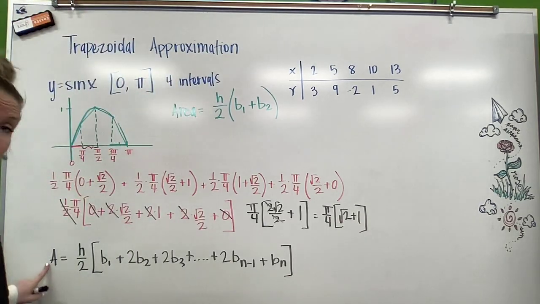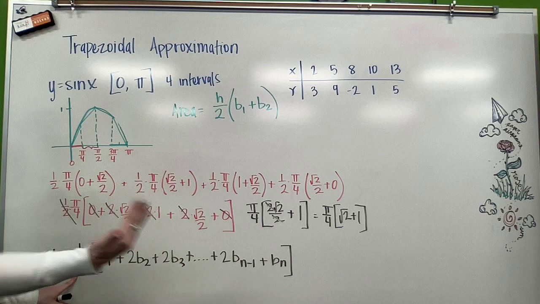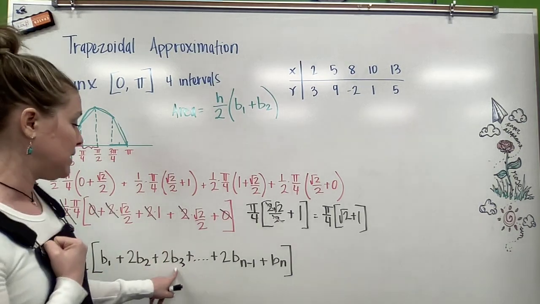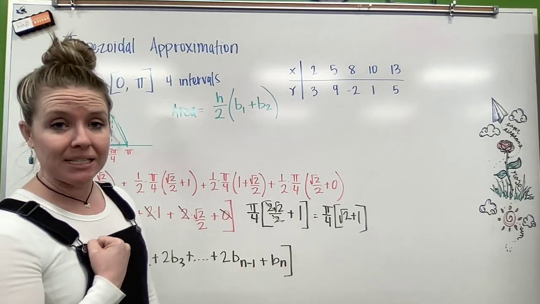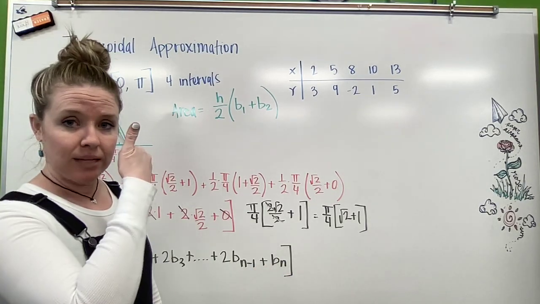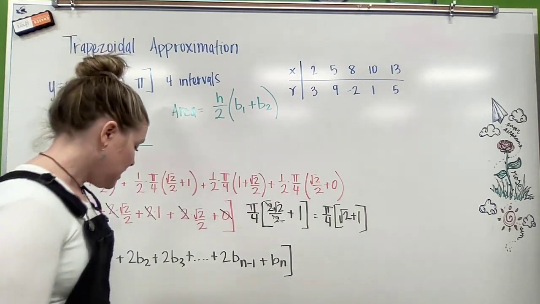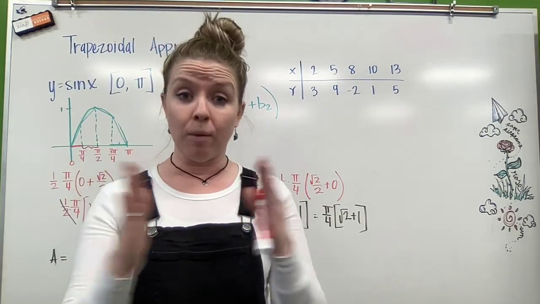So if you remember our trapezoidal rule here, height over 2, height is the distance between bases. Base 1 plus 2 base 2 plus 2 base 3, all the way till we get to the one final base n. When we're given a table, that little shortcut could be helpful when we have, again, uniform heights.